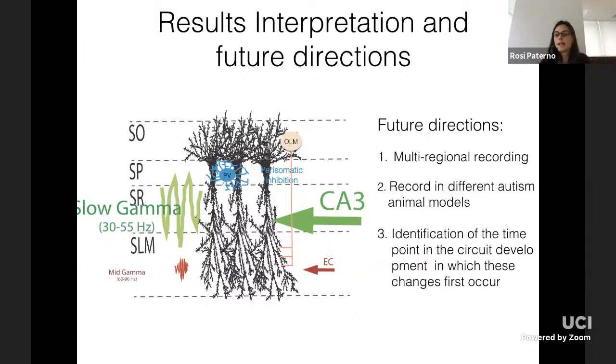And third, a broader future direction is to understand if we can identify, during development, a specific time point in which the circuit deviates from the normal, and at that point interfere, precisely to understand where. With this, I will conclude the first part of my talk.